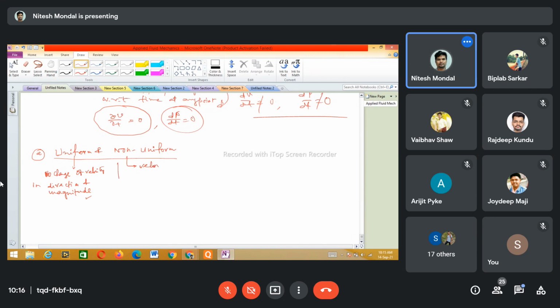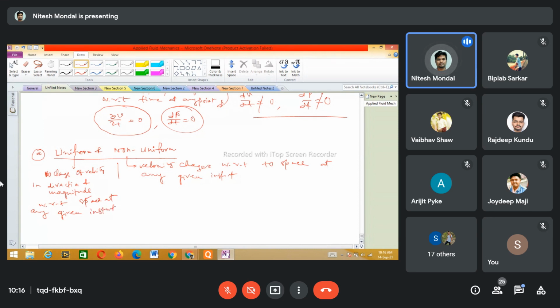So velocity changes with respect to space at any given instant. No change of velocity in direction and magnitude with respect to space at any given instant.